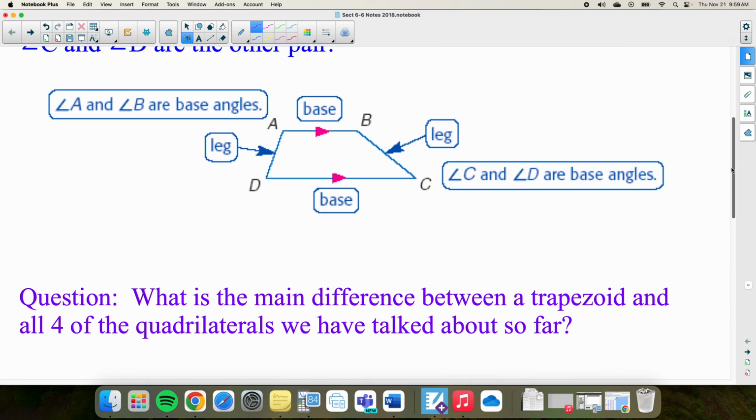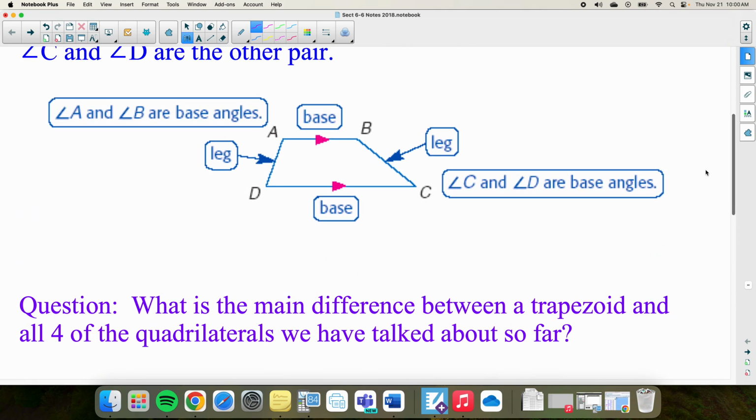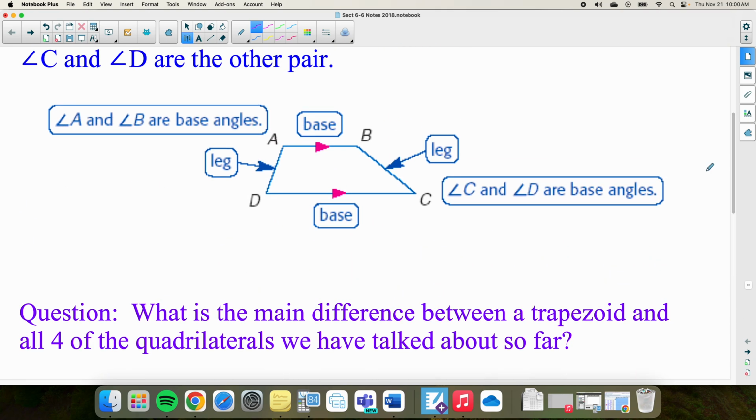If we look at what their sides and stuff are called, the two sides that are parallel are called bases. The two sides that are not parallel are called legs.